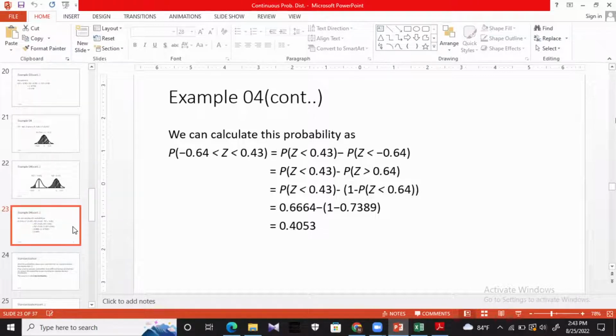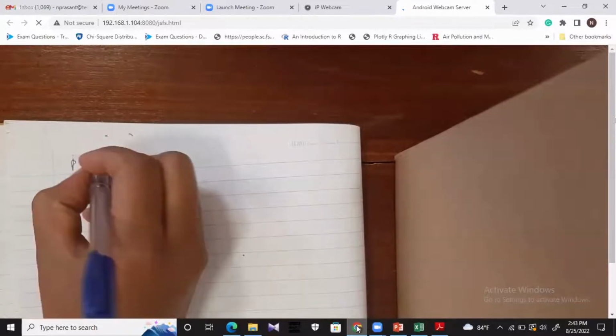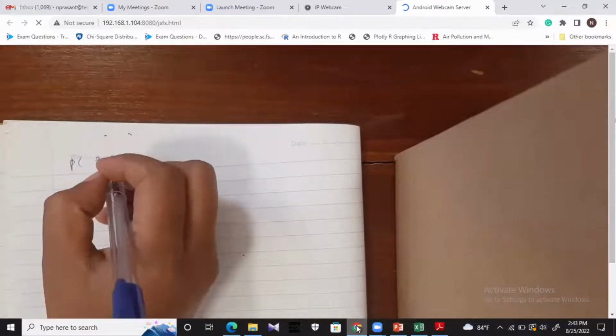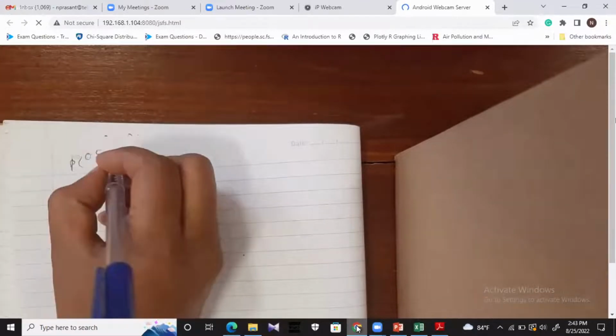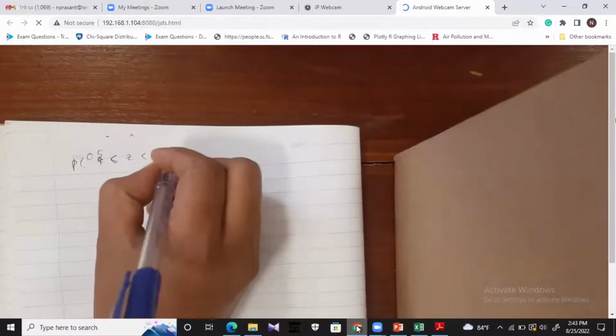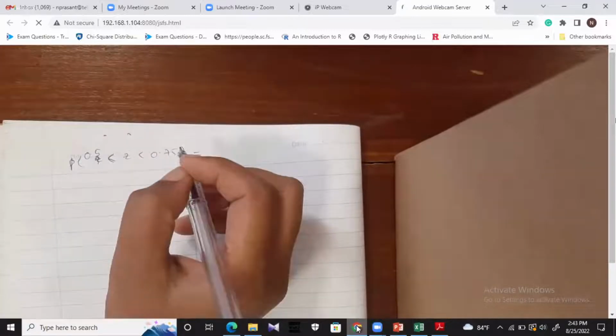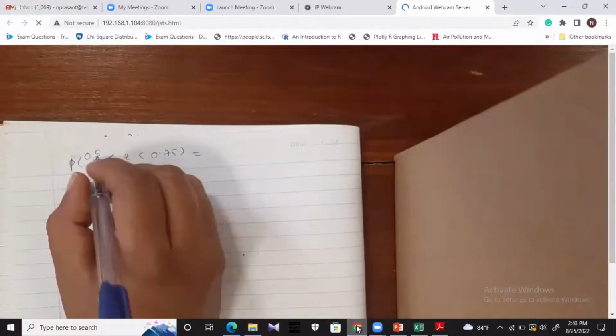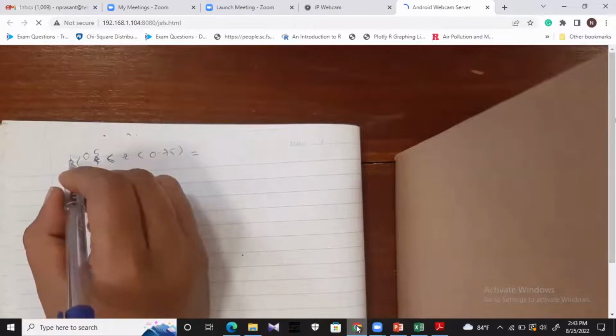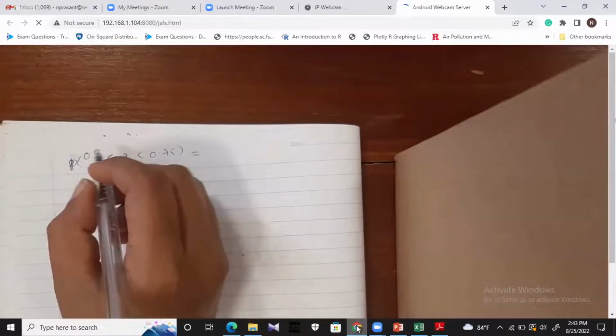Another example. Now you have to find this probability: the probability of 0.5 less than Z less than 0.75.